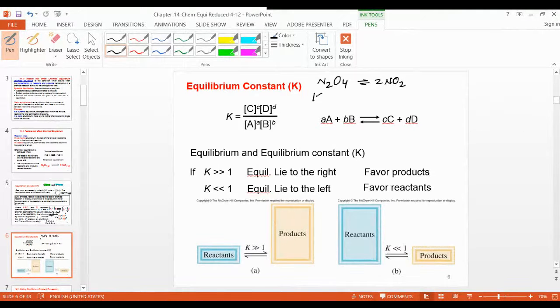You write the molar concentration of the product raised to the power of its coefficient, that is 2, divided by the molar concentration of the reactant raised to the power of its coefficient, that is 1. This is the way to write product over reactant. Is it clear now, or do you have any problem? Please, you can ask me now.